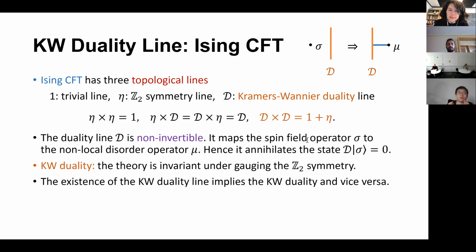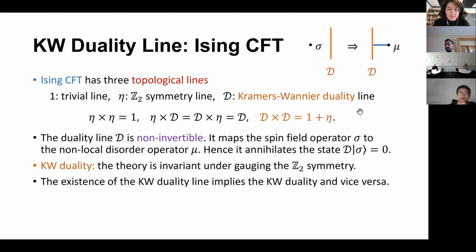So here, because the line maps a local operator to a non-local operator, it must annihilate the state that corresponds to the spin field operator sigma. So here we see that the action of the duality line on the Hilbert space is not invertible because it annihilates states.